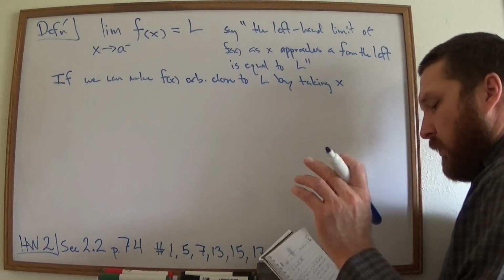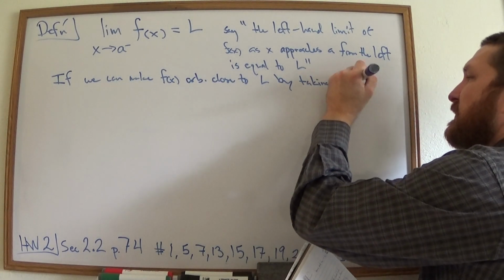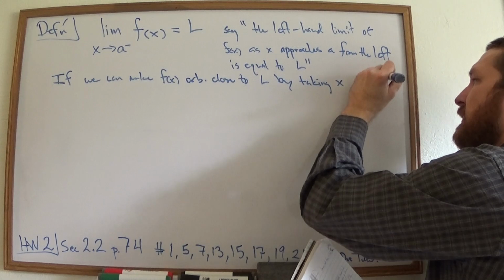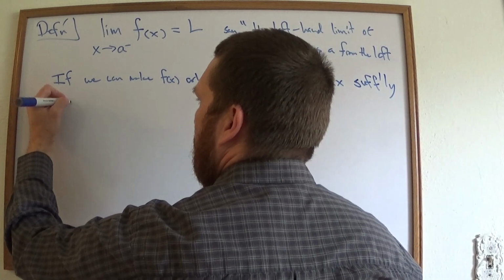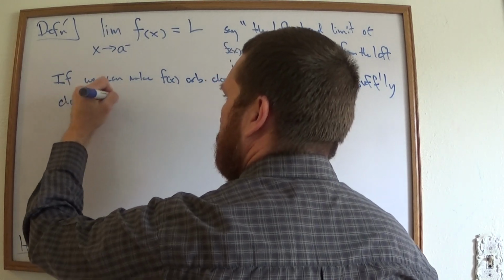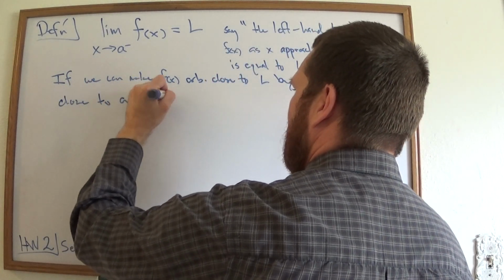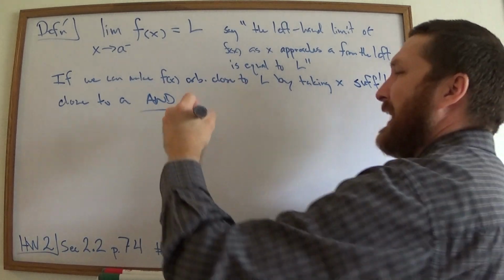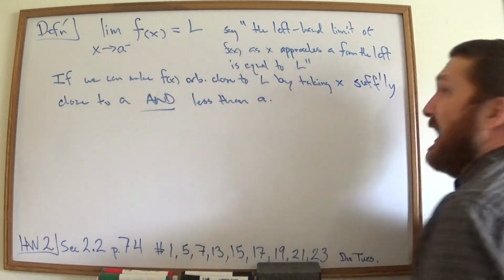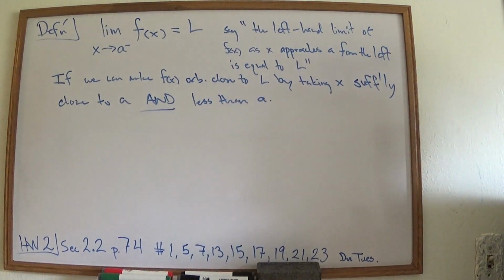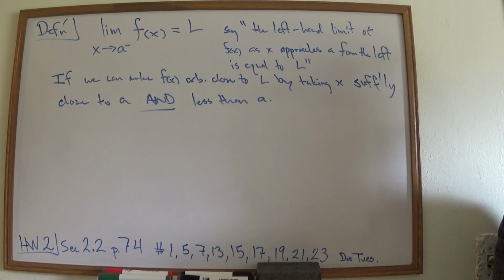Okay. So by taking x sufficiently close to a, and here's the key, less than a, that is not equal to a, right? That takes care of that whole hole in the graph thing, or plugging in a 0 and dividing by zero.